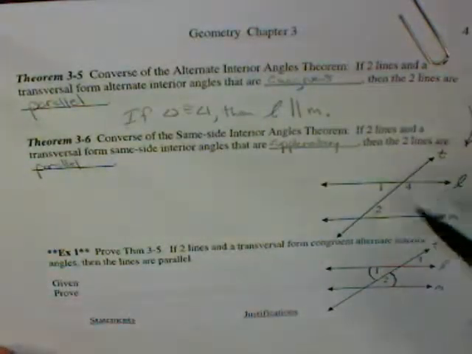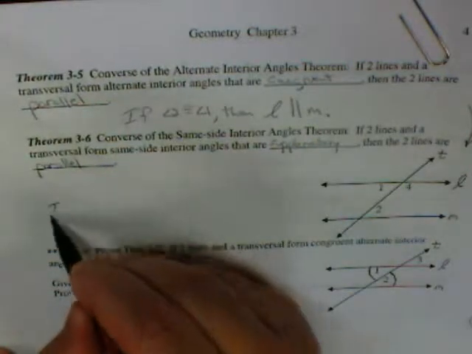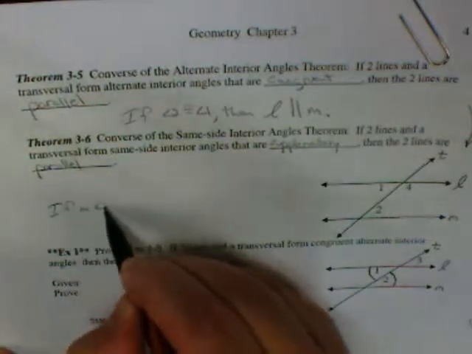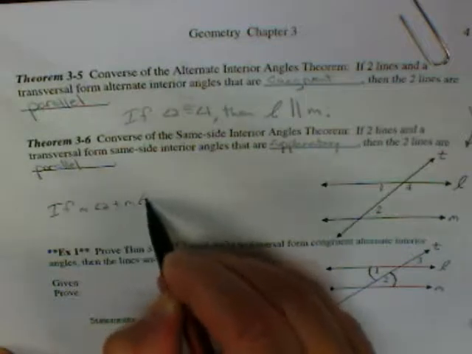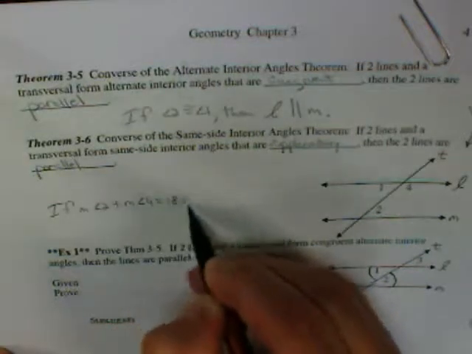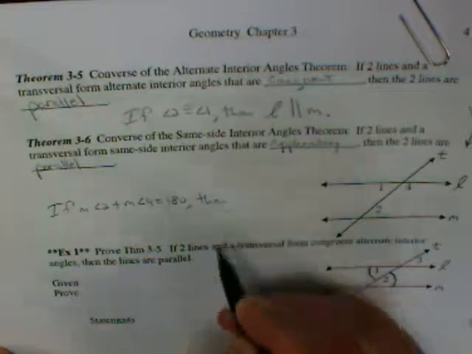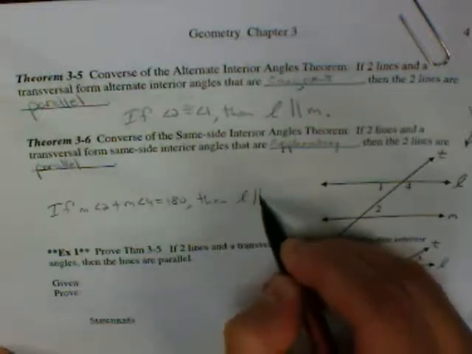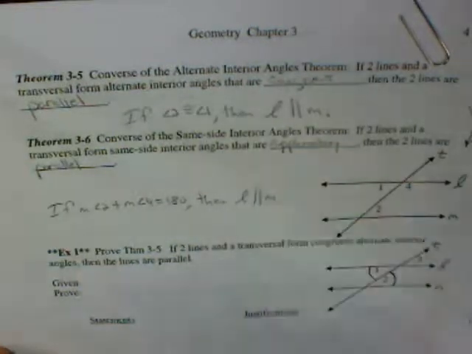In our diagram, 2 and 4 are the same side interior angles. So we're going to say if the measure of angle 2 plus the measure of angle 4 equals 180, then you're allowed to say that L is parallel to M.